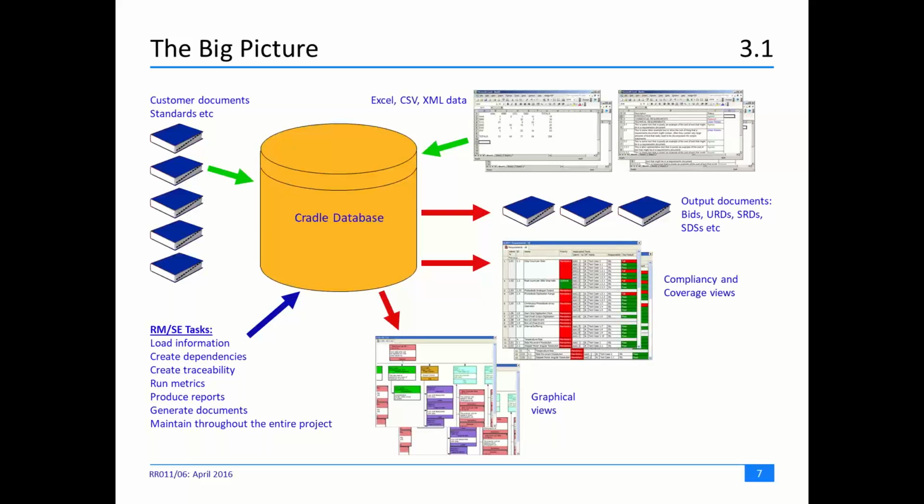At around 3 o'clock on the diagram, we can get compliancy and coverage views, which are, from Cradle's point of view, trivially easy to produce, but from your point of view, I hope you will come to think massively useful. It shows how every piece of information is linked to every other piece of information. It would show you which system requirements have been allocated to each part of our system breakdown structure.